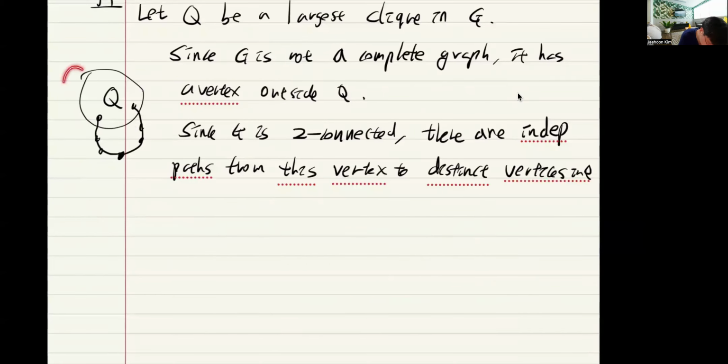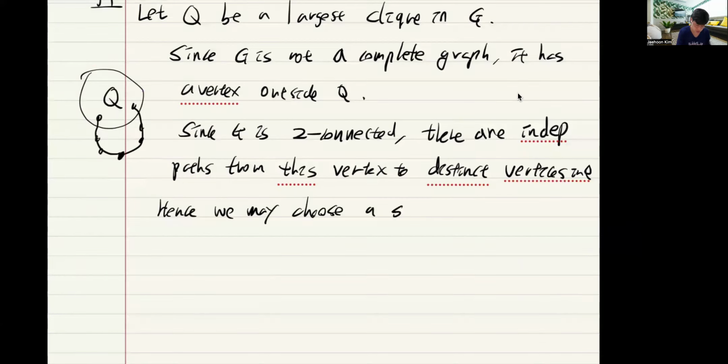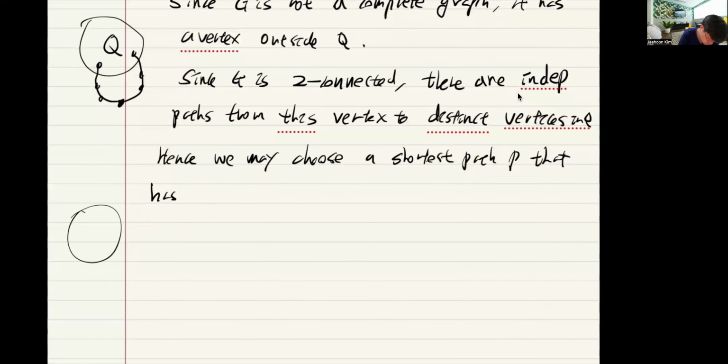So this structure exists. That means we may choose one such thing which is short: a shortest path P that has endpoints in Q, say U and P.